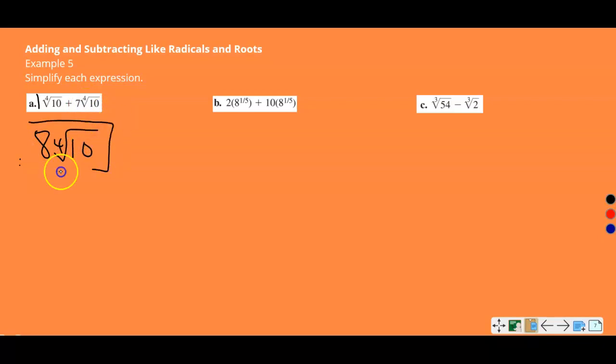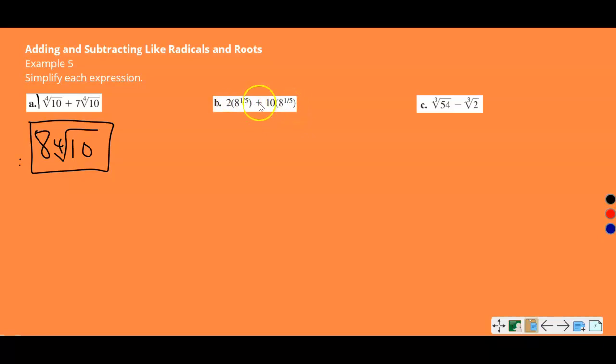And that would be simplified. In part B, we can see that we have 2 times 8 to the 1/5 power plus 10 times 8 to the 1/5 power. Both of these are 8 to the 1/5 power. Think of that as like 2x plus 10x. It's not an x, but they are like radicals, in this case rational exponents.